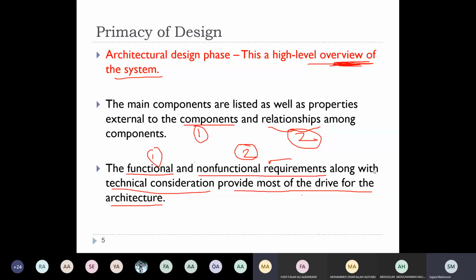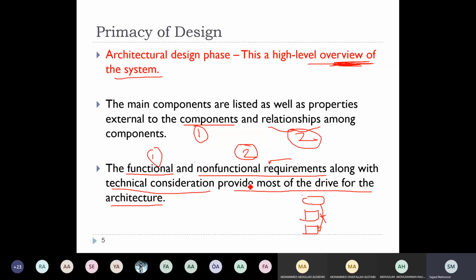For example, if one of my quality requirements was security, this will affect my architecture so that I will have to limit the access to my database. Absolutely. So hence the way you're going to structure it, right? The way you're going to structure your components will be different, right? And you might say, no, I will never allow this connection, right?